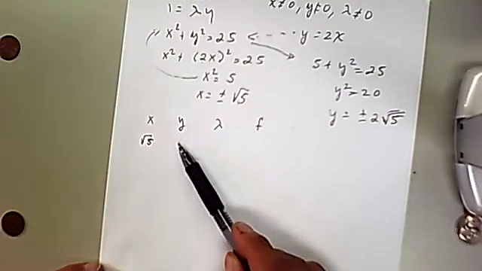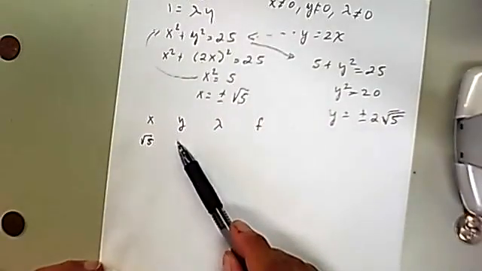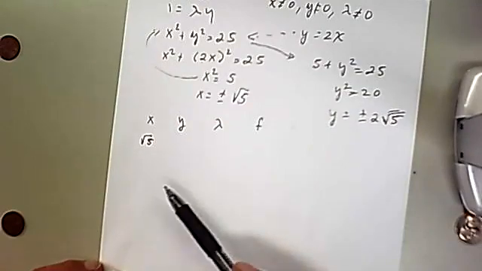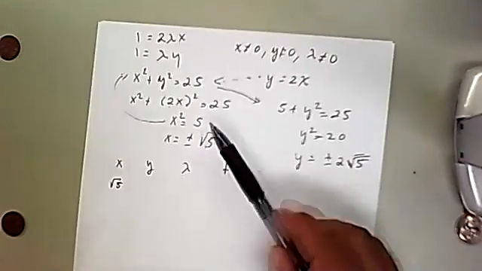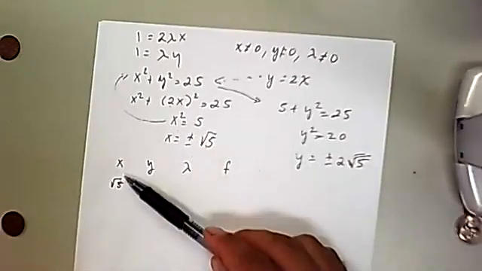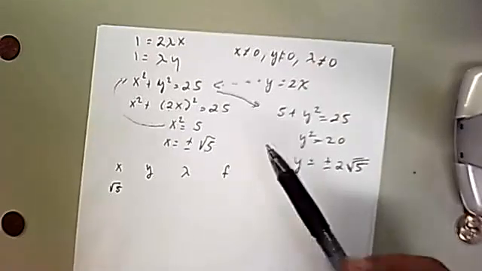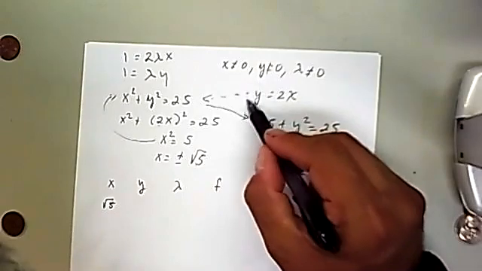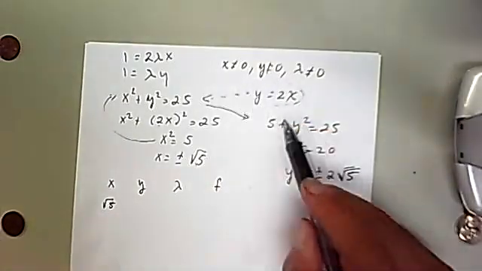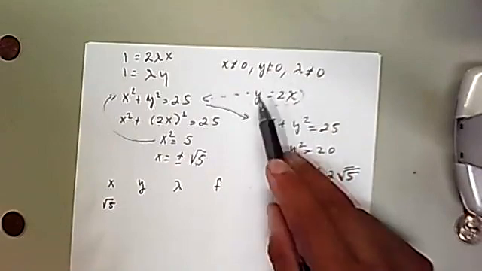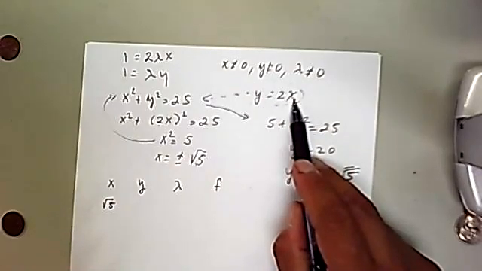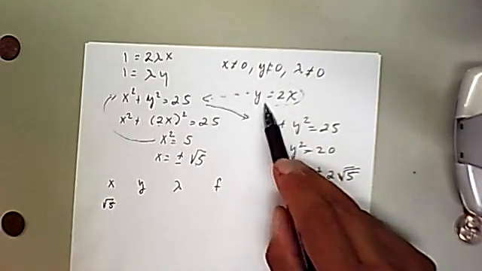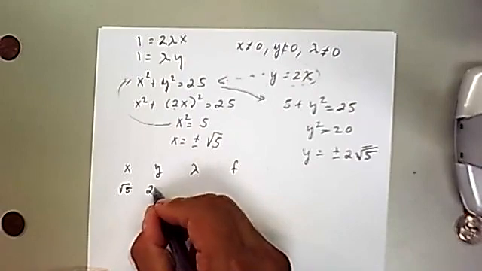Square root of 5, 2 times square root of 5. Negative, positive, positive, negative, negative, positive. If all we knew were those 2, then we would end up with 4 combinations. However, everything has to be considered. y equals 2x, so that tells us that x and y have to have the same sign. If x is positive, if you multiply by 2, you're going to end up with a positive number.